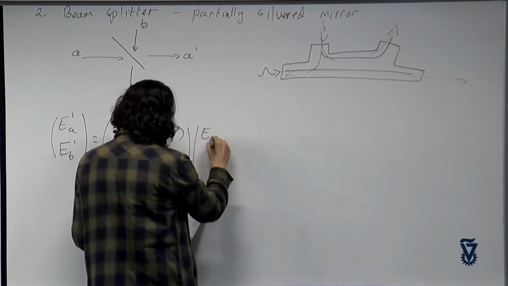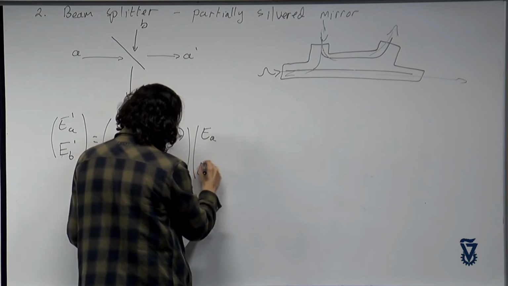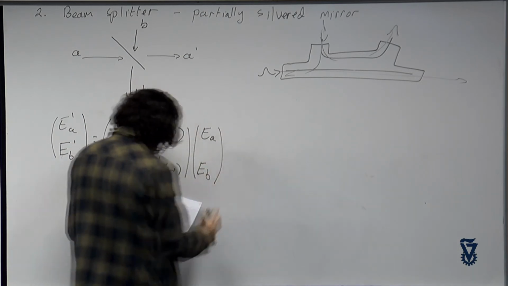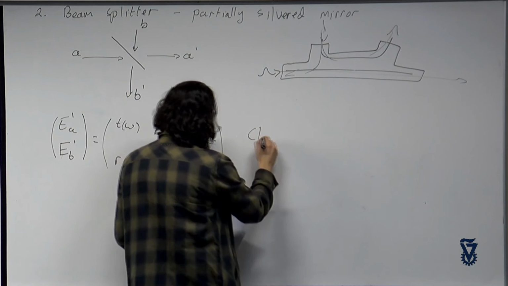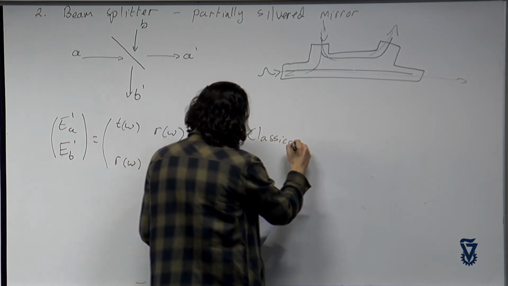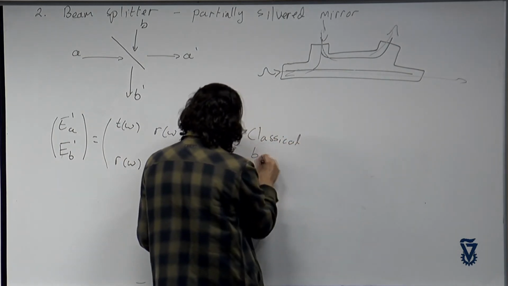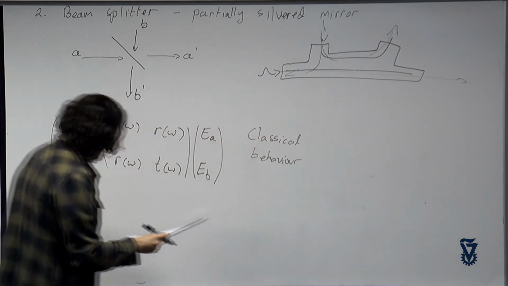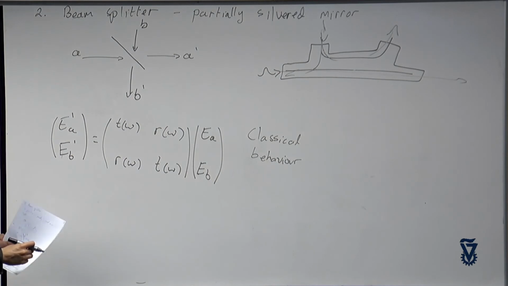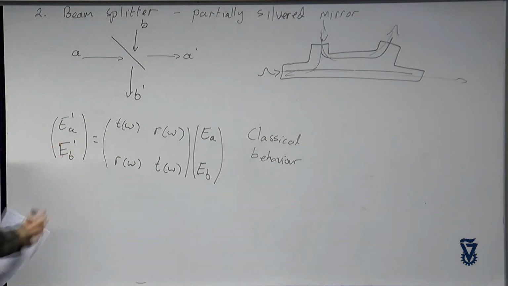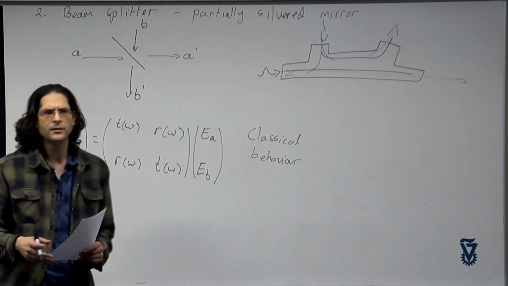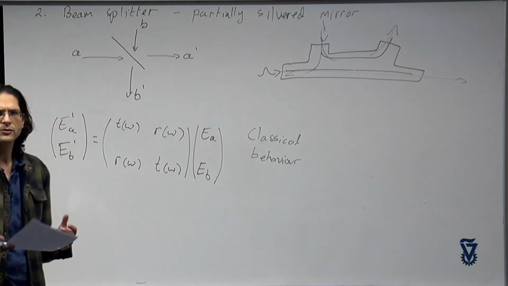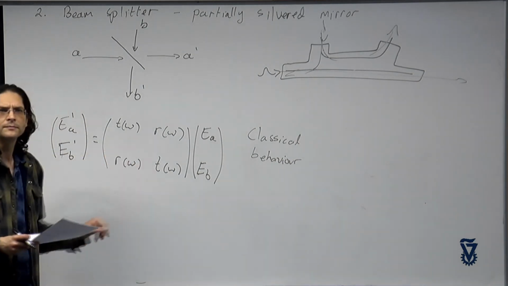And this is E_A, the incoming field, A and B. And this is just a description of the classical behavior. And I think if you took a linear optics class, a wave class or something like this, you've seen this.